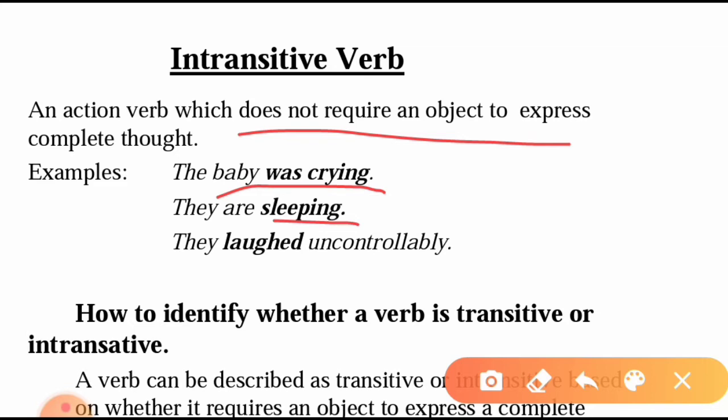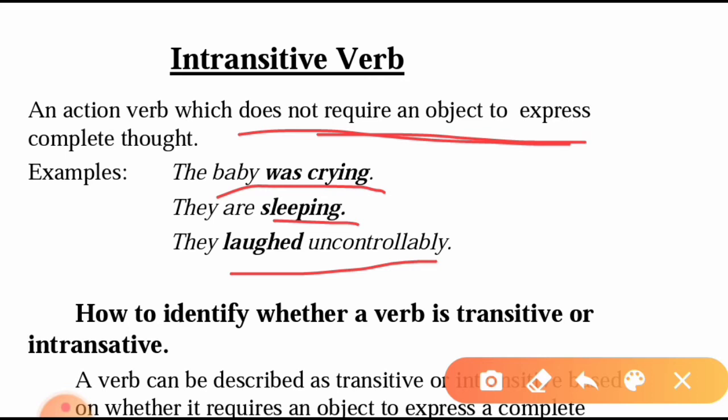Another example: they laughed uncontrollably. Here you can see it doesn't require any object to make a complete thought. After an intransitive verb you can add a prepositional phrase or adverbial and all these things, but you cannot put an object after it, because these are intransitive verbs which do not require an object to complete the thought. So these are the intransitive verbs.